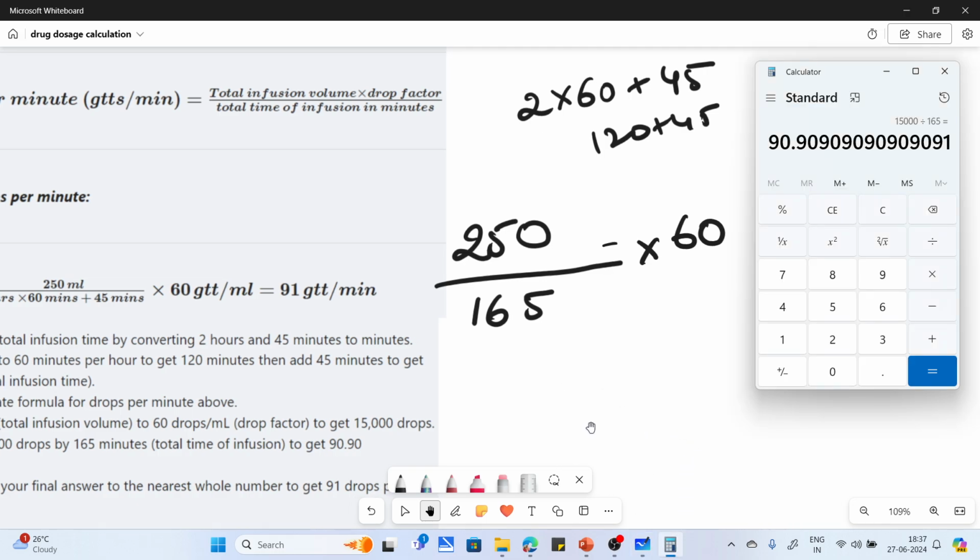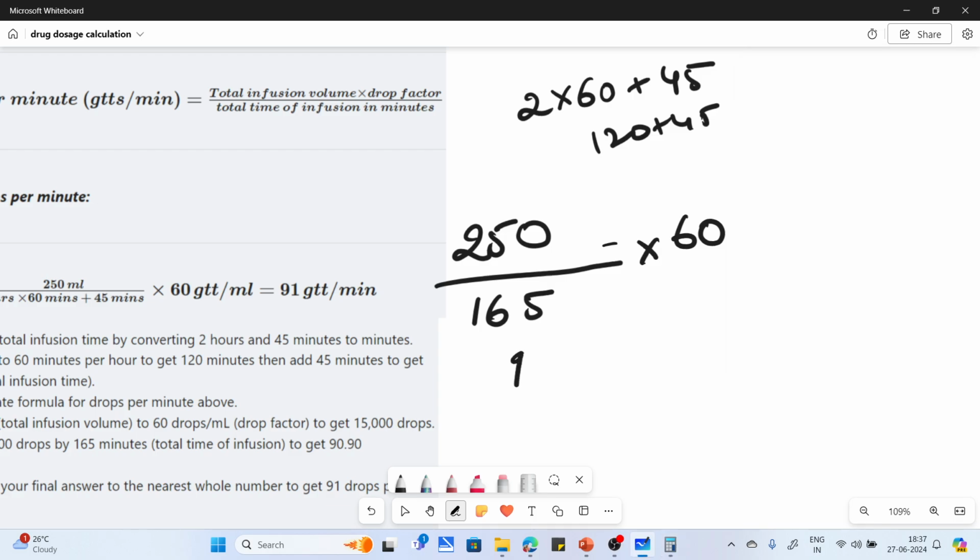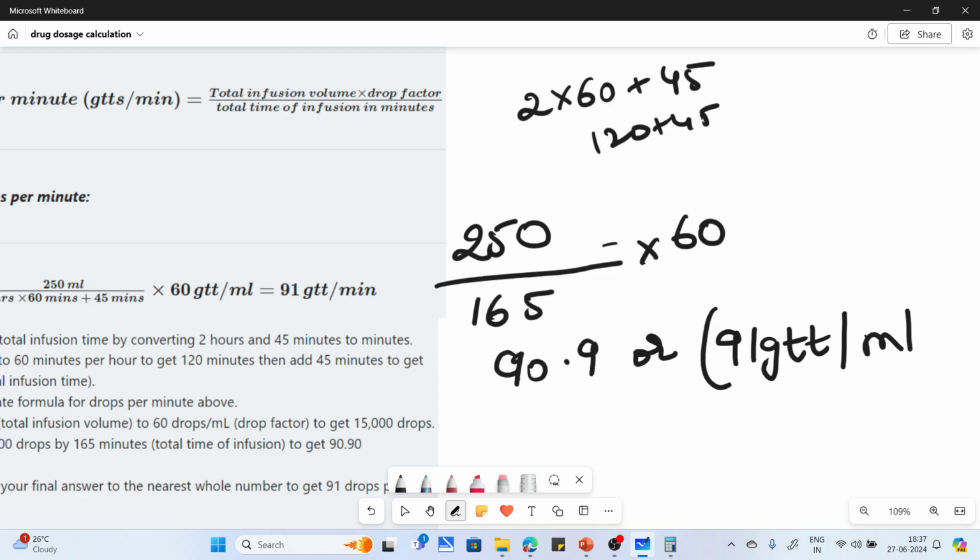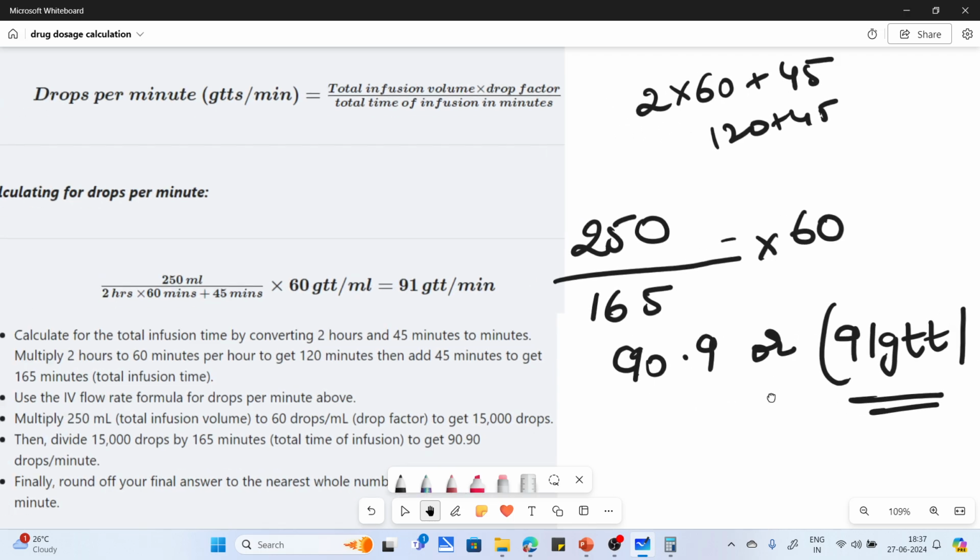So the answer is 90.9 or 91 GTT per ml. Here we have got 90.9 approximately, but we are giving the correct value, that is 91 drops per minute.